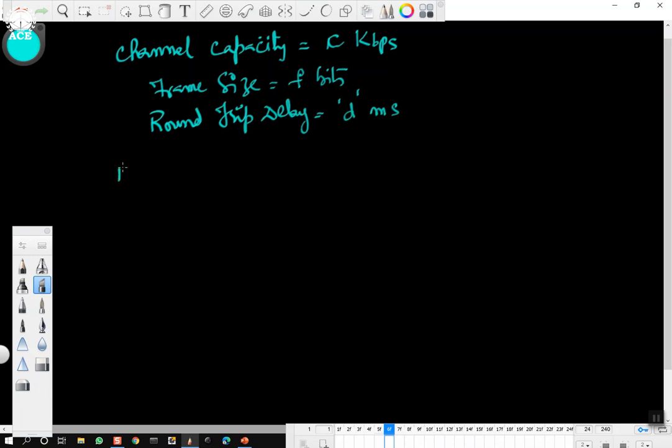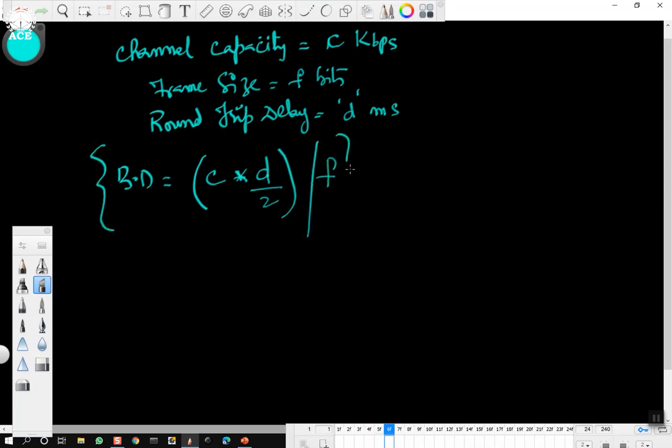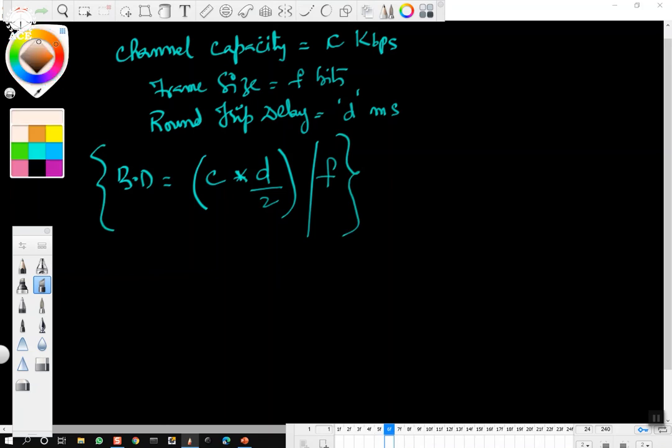Then the bandwidth delay product BD is given by the formula channel capacity multiplied by one trip time, not round trip, d by 2, divided by the frame size. This will be the formula for bandwidth delay product.